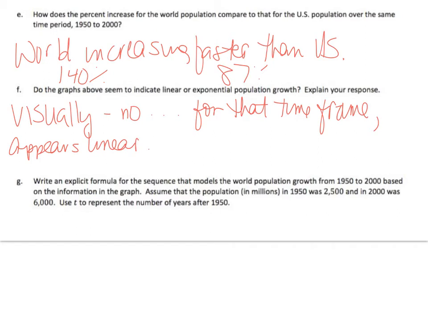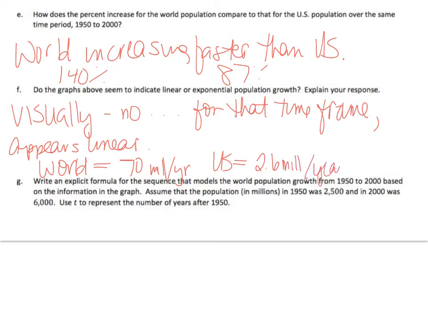The world population, if you look at the graph, appears to be increasing about 70 million per year. And the U.S. population looks to be increasing about 2.6 million per year, if you just do the slopes.